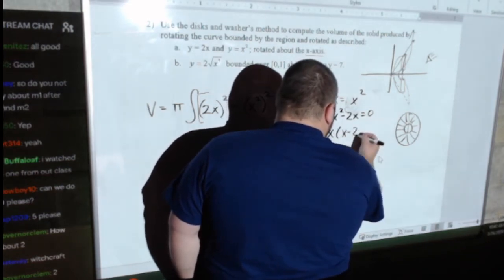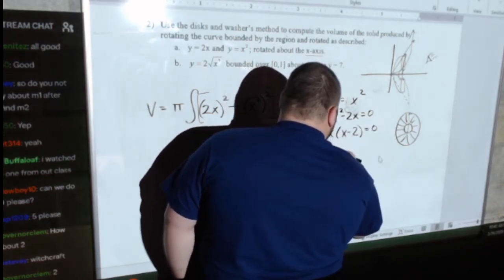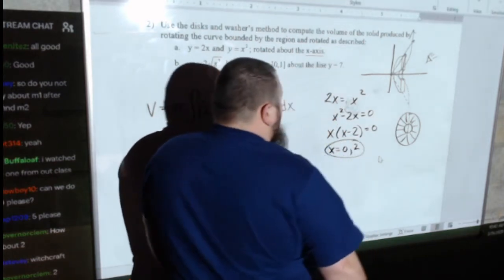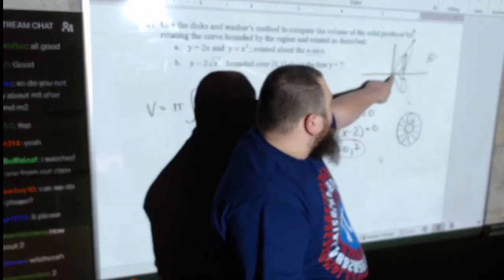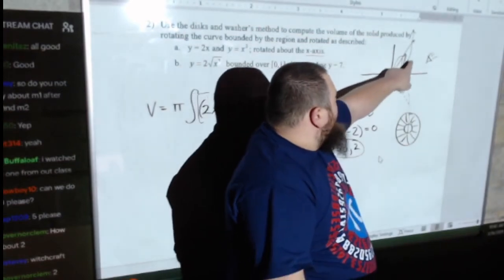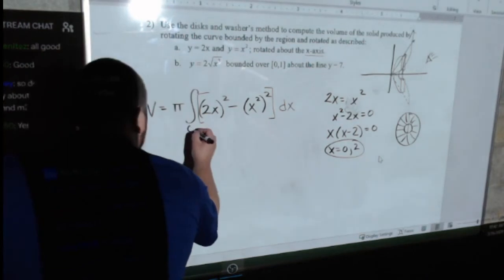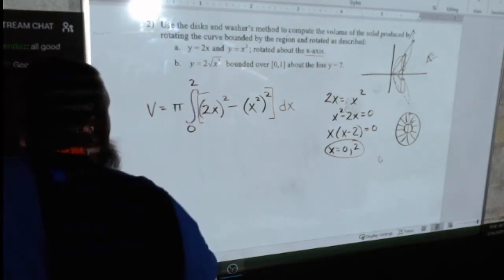Factor out an x, and you easily get x could be 0 or 2. That makes sense. It looks like they clearly meet at 0, and then this point out here would be x equal 2. So the bounds would be 0 to 2.